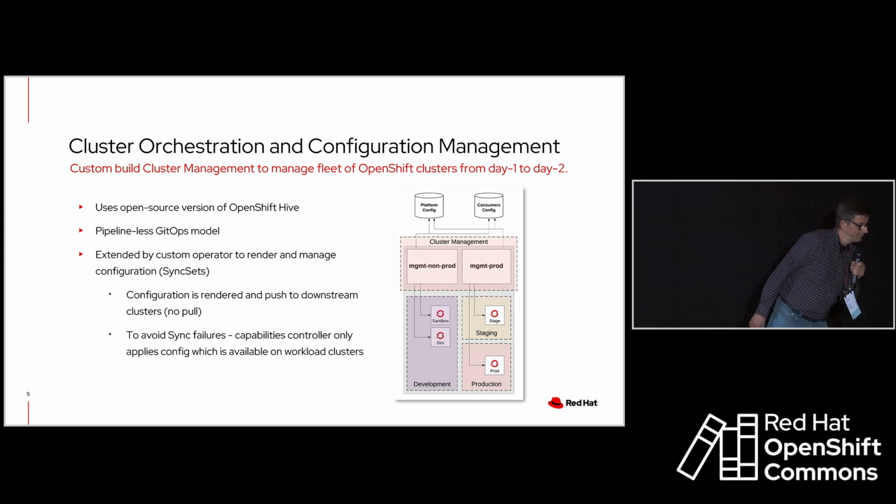Our cluster management basically renders the configuration and applies it to downstream clusters. Today we run 28 workload clusters across multiple regions and multiple environments, and we extended some of the features with custom-built operators to render and manage configurations and push them to downstream clusters.